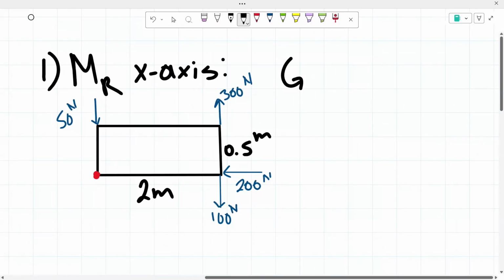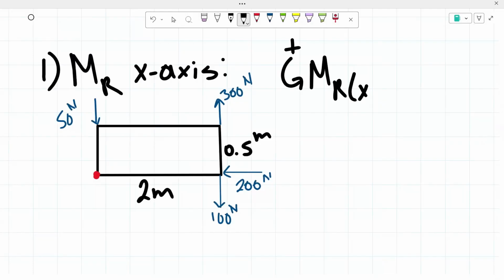Remember, counterclockwise is positive. So our resultant moment about the x-axis is equal to, we have this vertical 50 Newton force that is not going to be creating a moment since it is already parallel or lies on that vertical force. So that distance is going to be 0, meaning it's not going to be creating a moment because a moment is equal to the force times the distance.